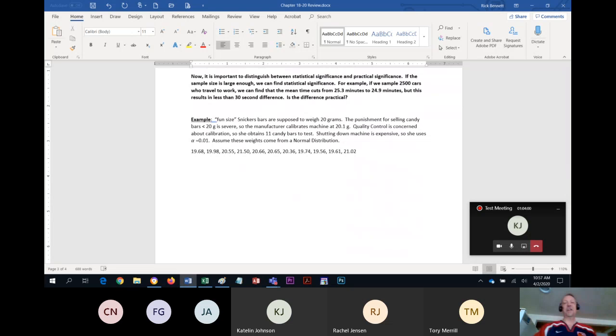is 20.3 and the standard deviation is 0.064. Okay, so we're going to add those two numbers to our stuff here.